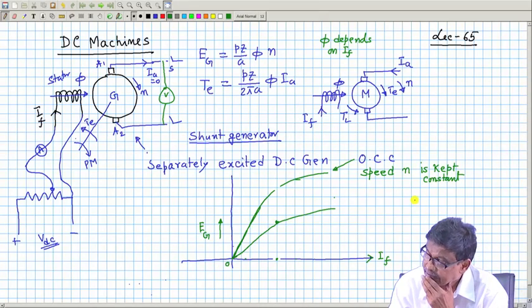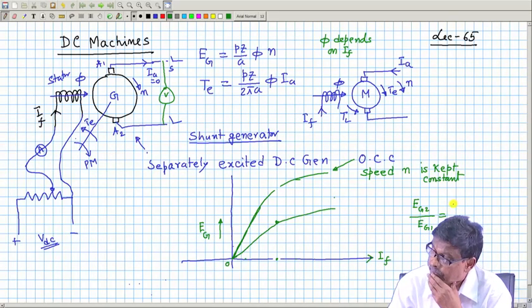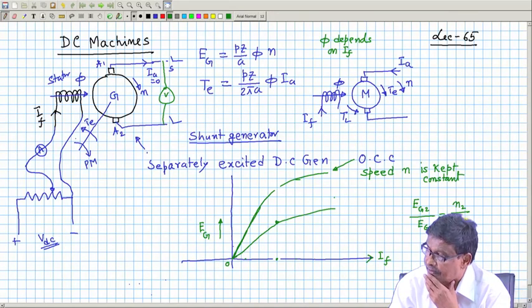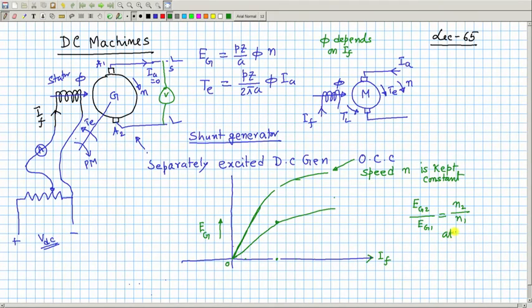such that the generated voltage E g2 by E g1 will be proportional to N2 by N1 at a particular, given I f, because the field current decides the flux per pole and speed is the other factor.